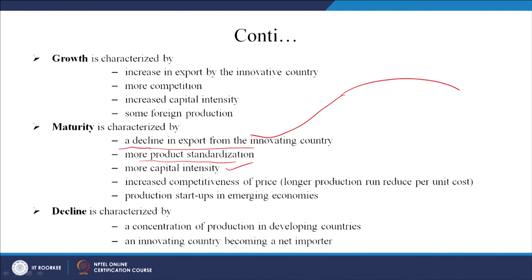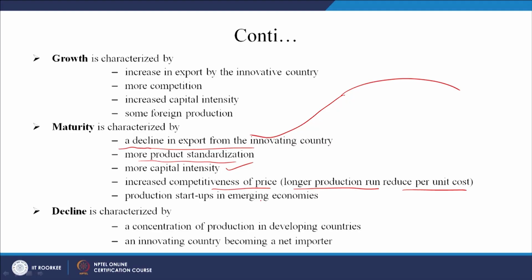So, competition of price comes in. What it says? Longer production runs reduce the per unit cost, the economies of scale which I am saying. So, now there is increased competition in price. So, advantage will be taken by a country or a company which produces in large bulk and minimizes its cost.